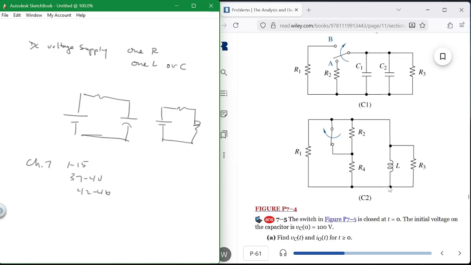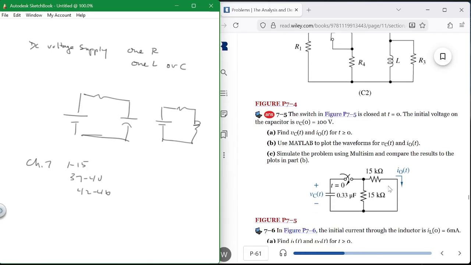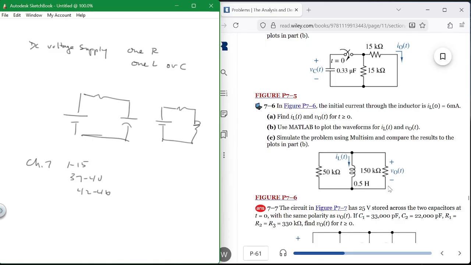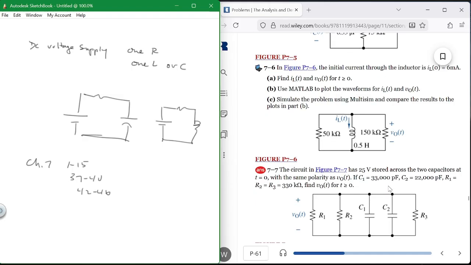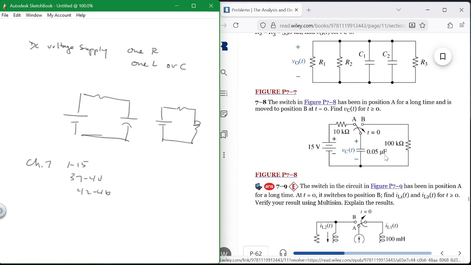This first part, 1 through 15, is just either an R with a C or an R with an L, and that's all this is about. And this is a review. That part is a review of your 1010 course. How do you combine that type of thing? Here's an example.